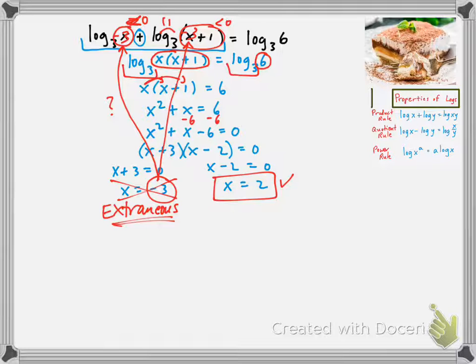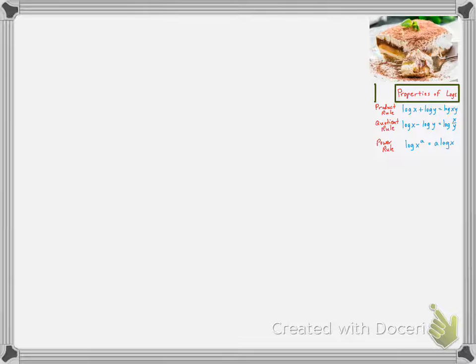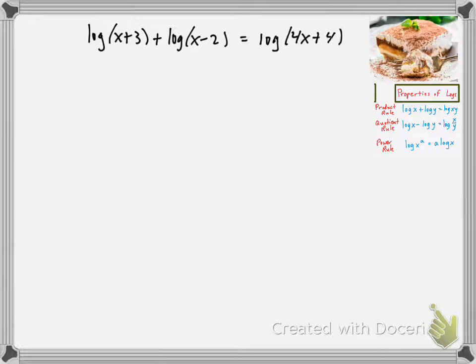All right, let's see if I can get one more example in before the 5-minute mark. So example number 2, we have the log of x plus 3 plus the log of x minus 2 is equal to the log of 4x plus 4.